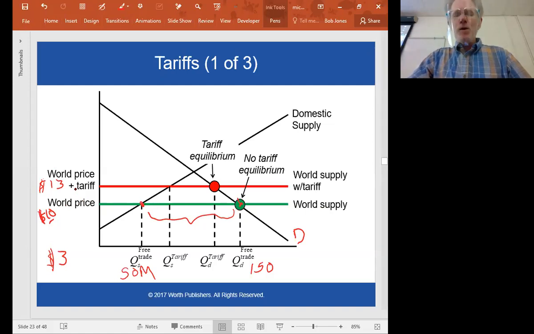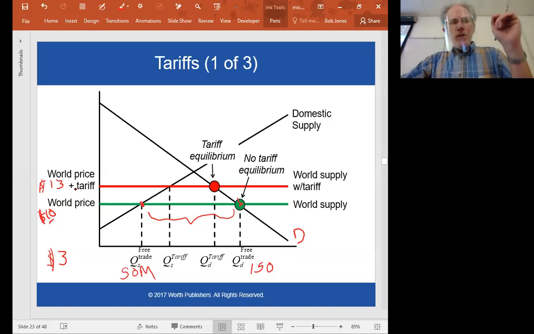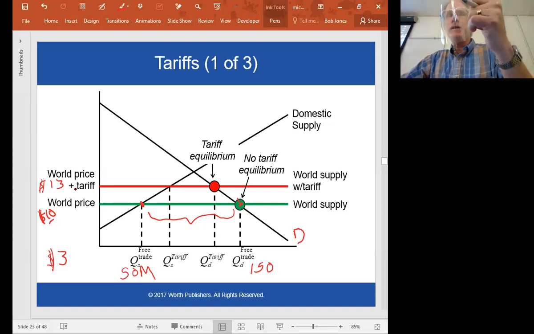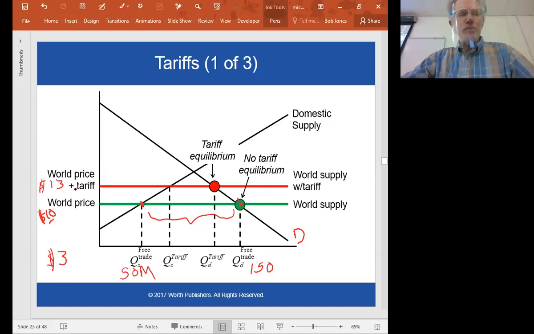Now that we've shifted the supply curve, what does this mean? How are American consumers affected? How are American producers affected? How will our imports be affected? And is there anybody else who's going to be affected? So price is going to be $13.